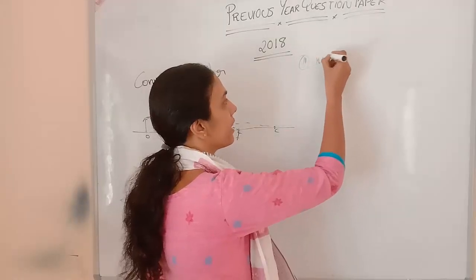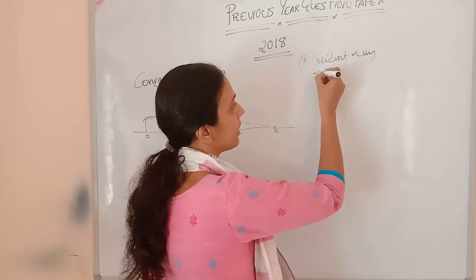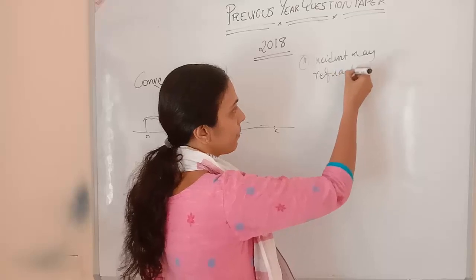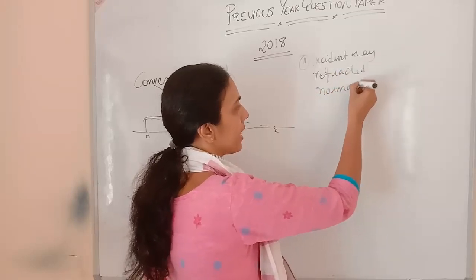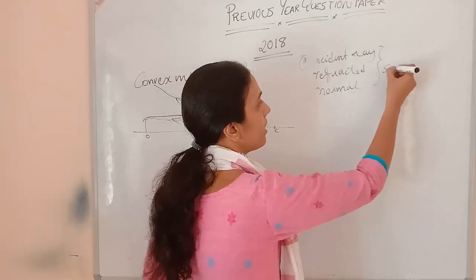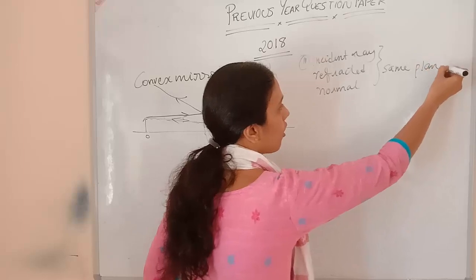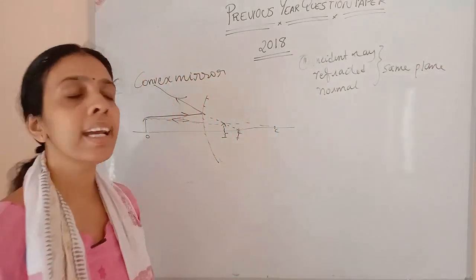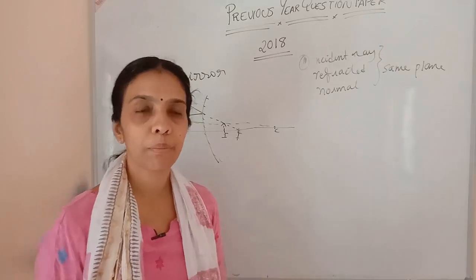The incident ray, refracted ray, and the normal will lie on the same plane. That is the first law of refraction.